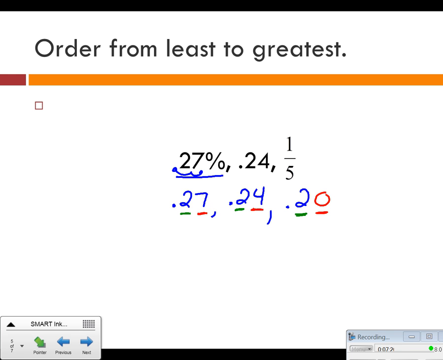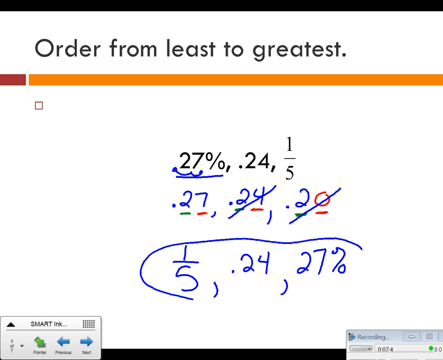So looking at the 0, that's going to be my smallest. So that's 1/5. So 1/5 is my smallest. Then 4, so it's going to be 0.24. And then 27%. When we write our answer, we put it back into the original form that they were in the problem.